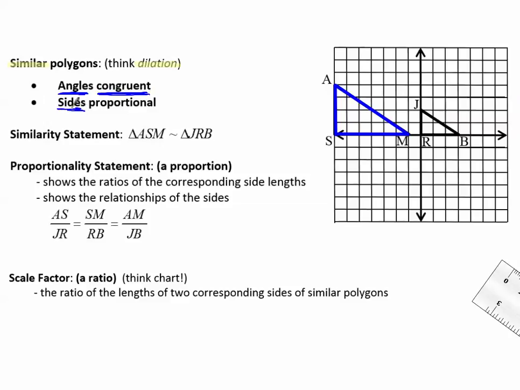But this time, the sides are not congruent, they are proportional. The sides are proportional, and that's different. We still have a similarity statement that tells us which parts correspond, but notice that this symbol is not a congruence statement.